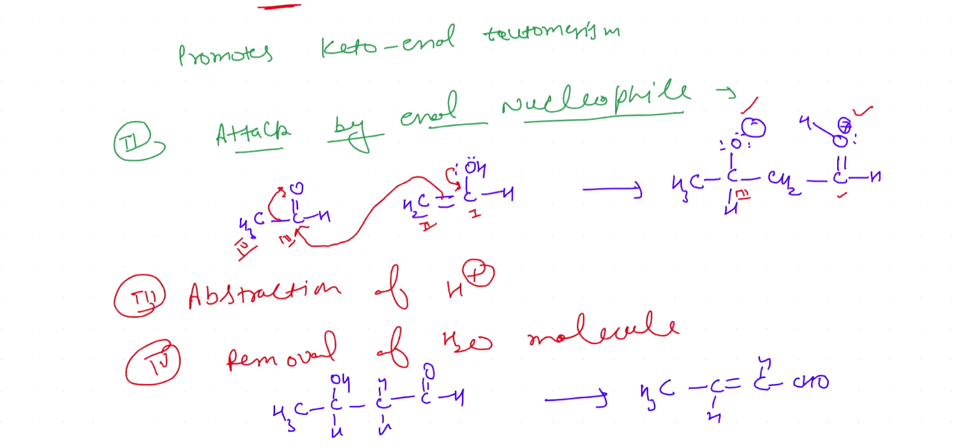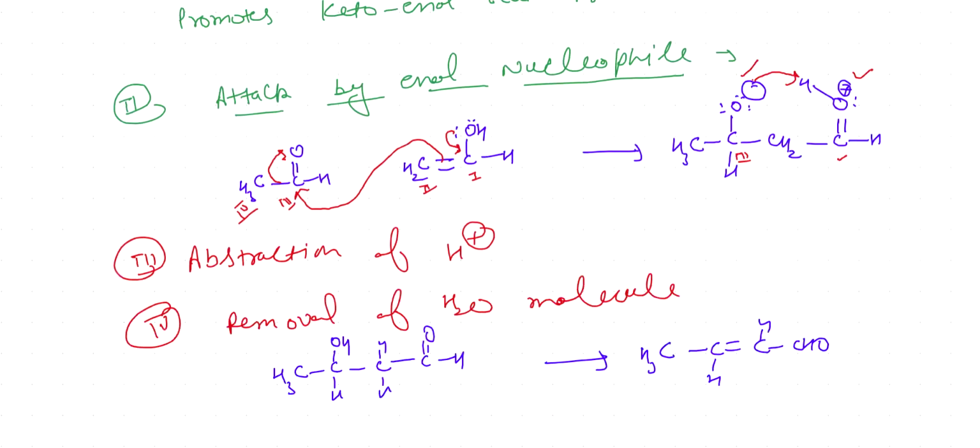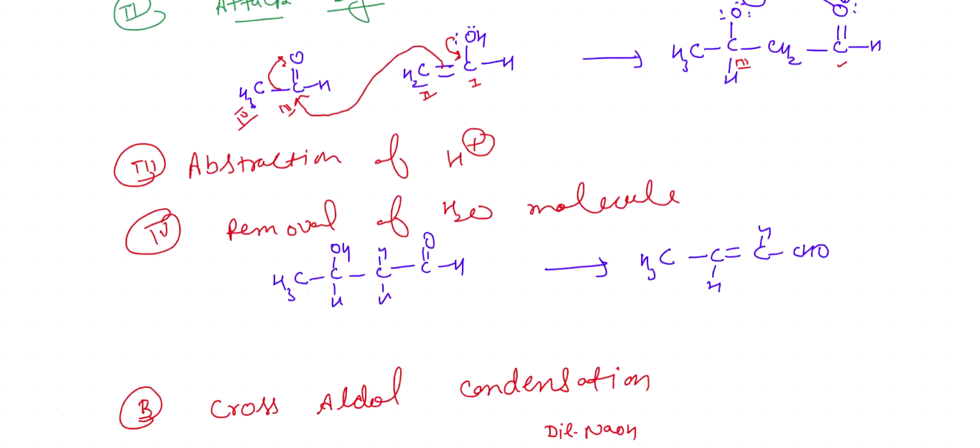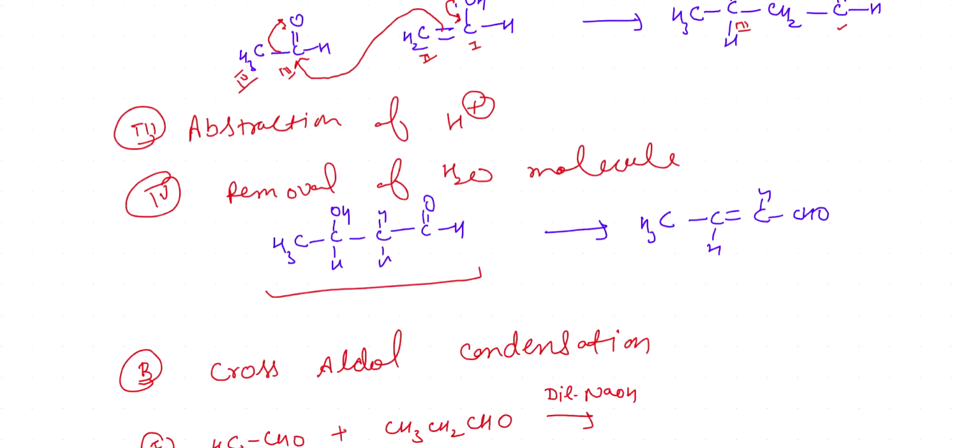This oxygen carrying negative charge will get protonated and will abstract H positive from its adjacent carbonyl group, which carries H positive on it. And thus, after abstraction of H positive from the adjacent carbonyl group, the molecule looks like this. And in the final step, there is removal of a water molecule. This is your alpha carbon and beta carbon.